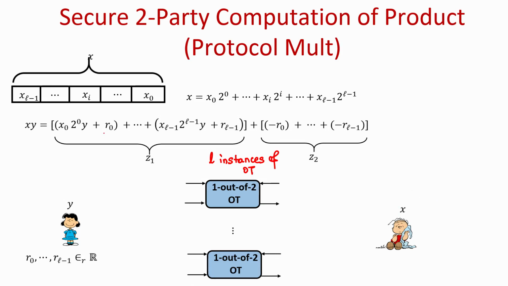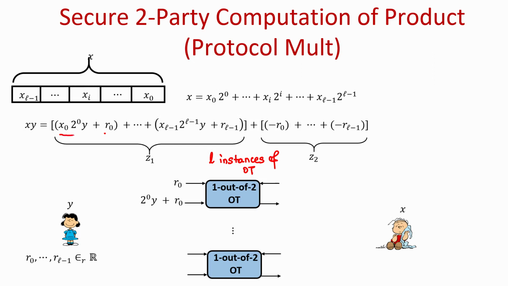And all these random ring elements R naught to R of L minus 1 which are introduced here, let the sender of these OT instances, who in this case is the second party, pick them. So, the owner of y here picks these L random ring elements, and now he prepares the inputs for these OT instances. So, let us see closely how these inputs are prepared here.